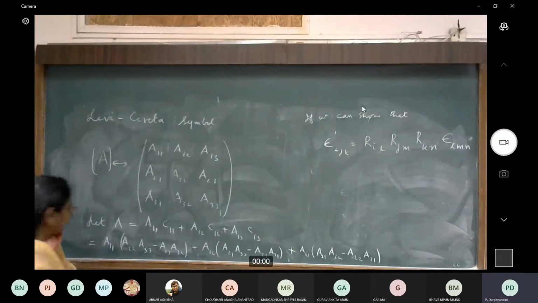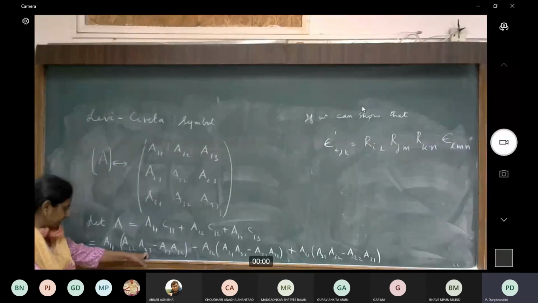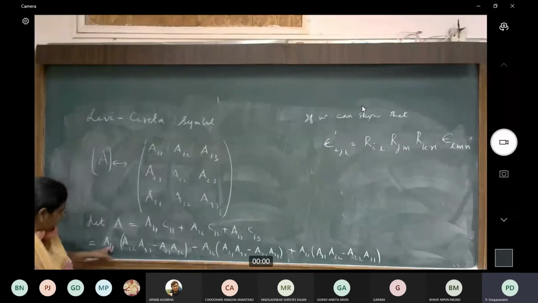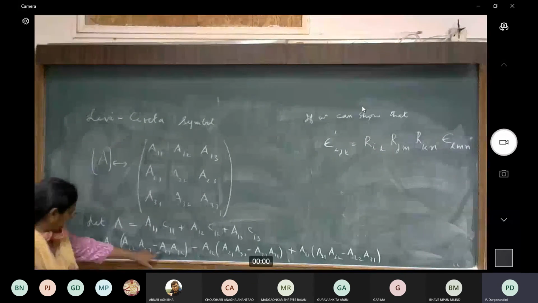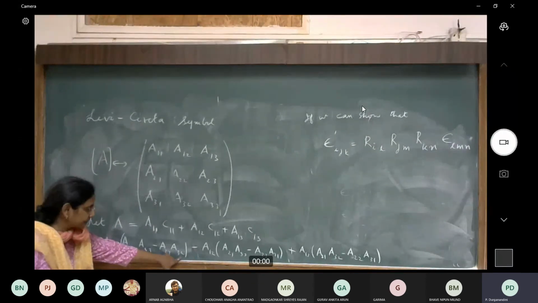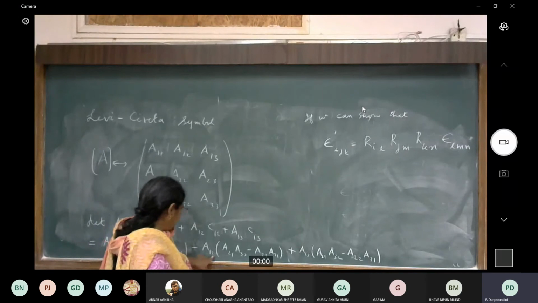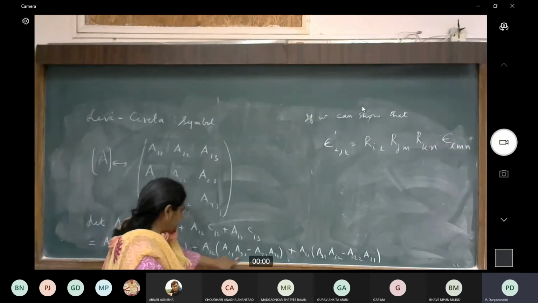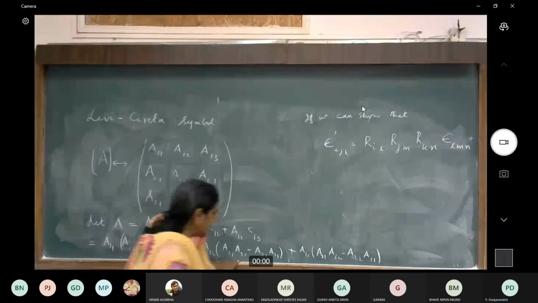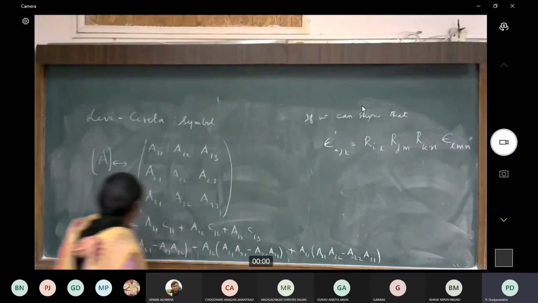What you can see now is the use of our compact notation. I have here A11 A22 A33, then I have minus A11 A23 A32, then minus A12 and so on.